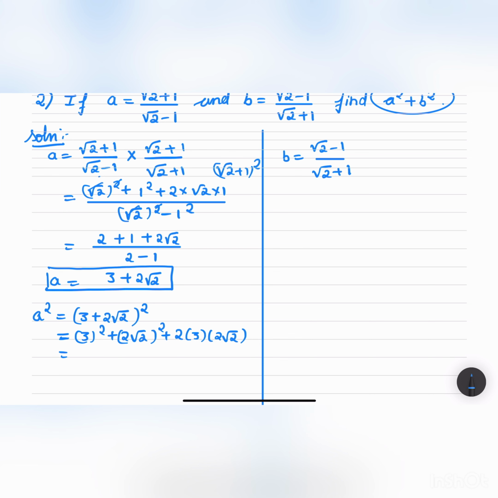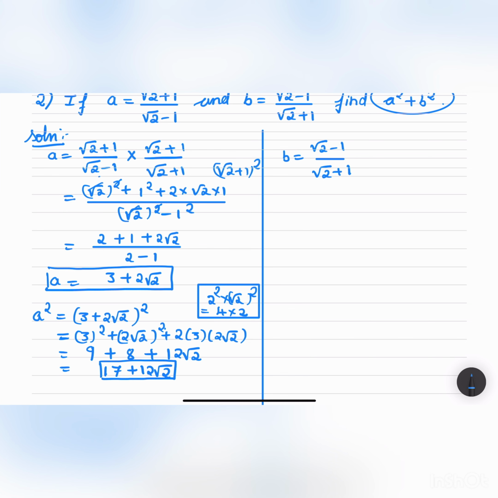And that will be equal to 3 square is 9 plus this is 2 square into root 2 whole square, so that is equal to 4 into 2, that will be equal to 8, plus 2 3s are 6, 6 2s are 12 root 2, and this is 17 plus 12 root 2. A square is this much.